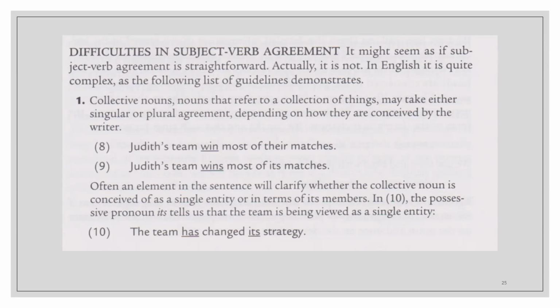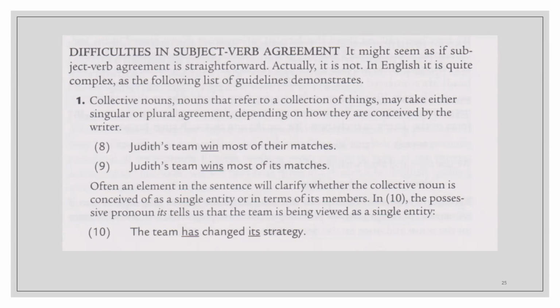So if we look at example 10, we have the possessive noun, which helps clarify that the team is being conceptualized, it's being thought of as a singular cohesive unit.